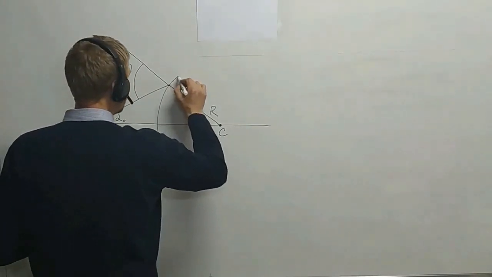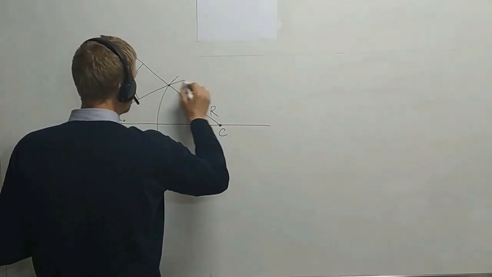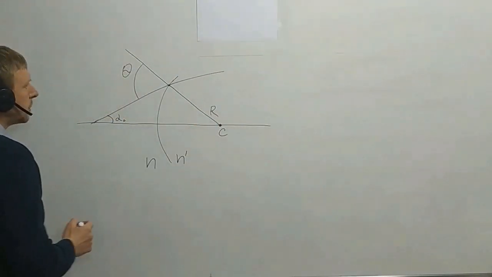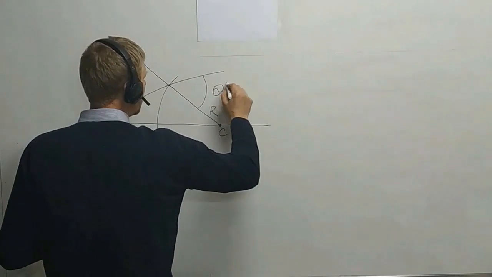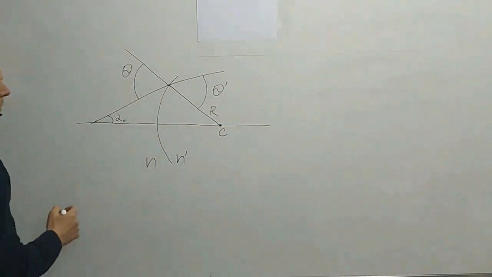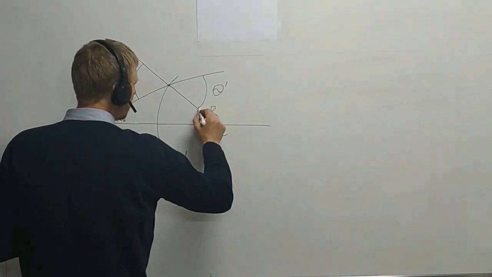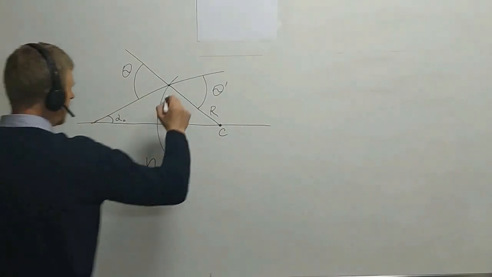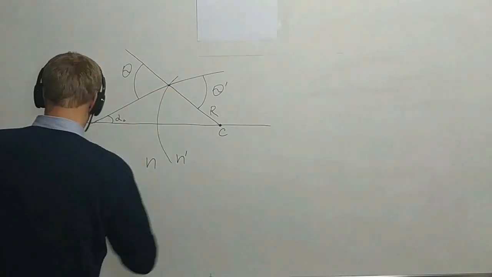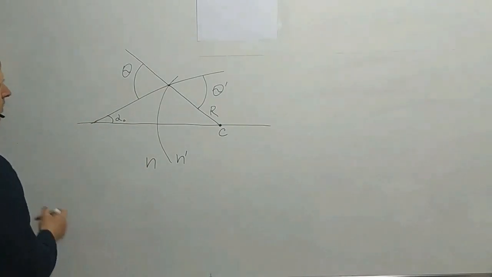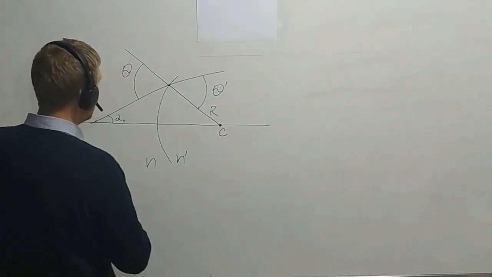Now after the refraction, the ray is changing direction, and now this theta prime is the angle of refraction. And so if I draw a line which is parallel to the optical axis.